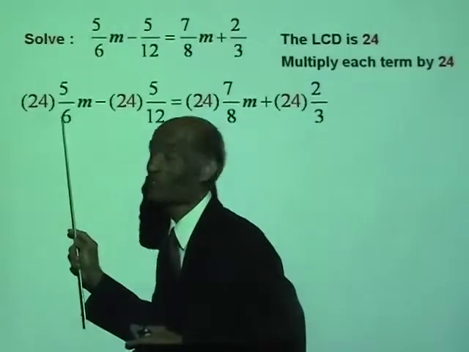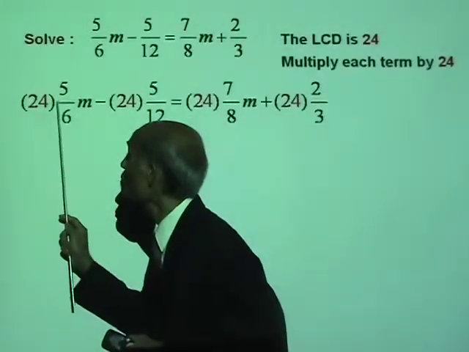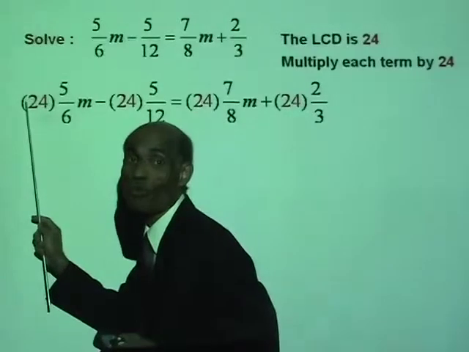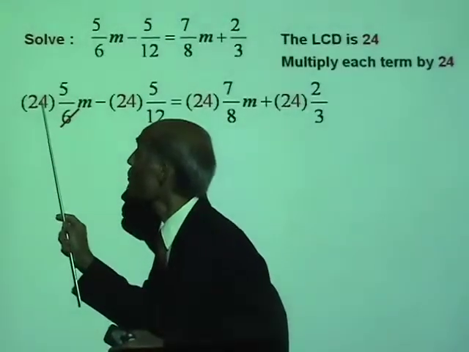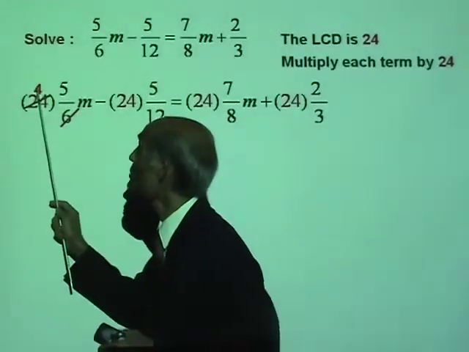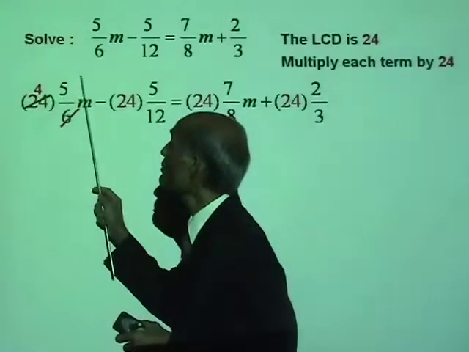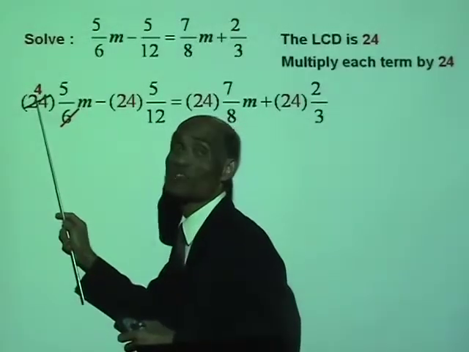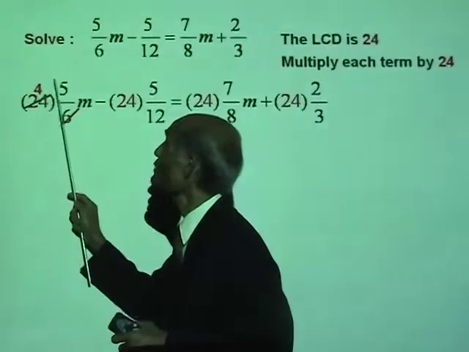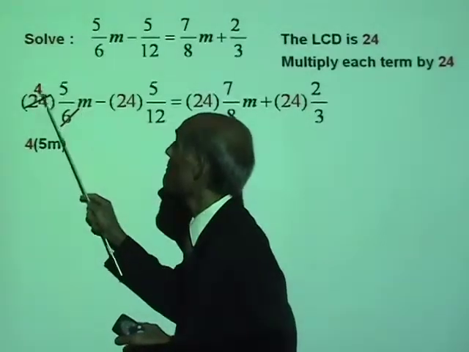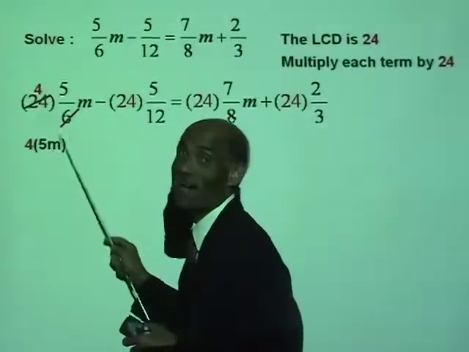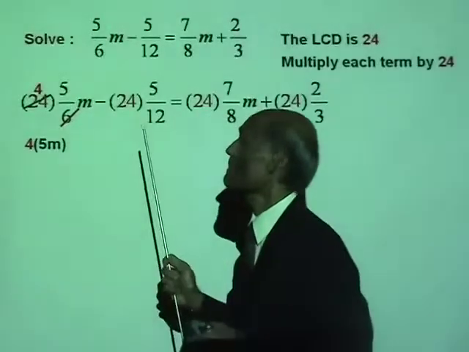Watch me do this. 6 goes how many times in 24? 6 goes 4 times in 24. That term is 4 times 5m.